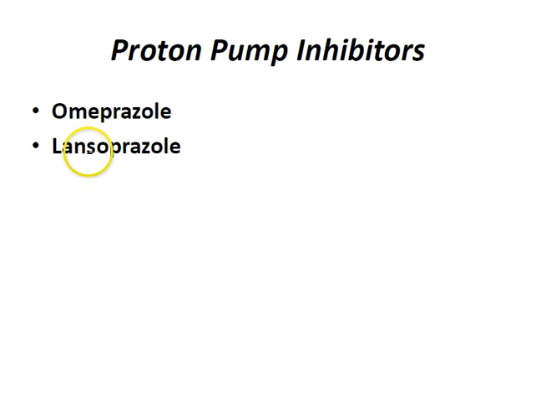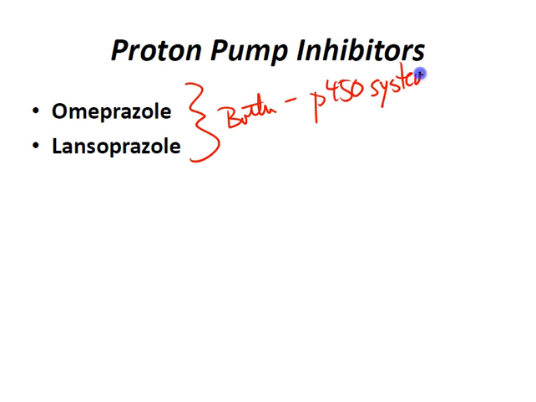Alright, moving right along to the proton pump inhibitors. So omeprazole and lansoprazole. What do these both do? Both of these inhibit the P450 system as well. We got to be careful about that.